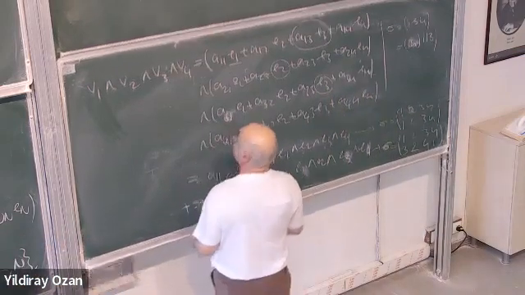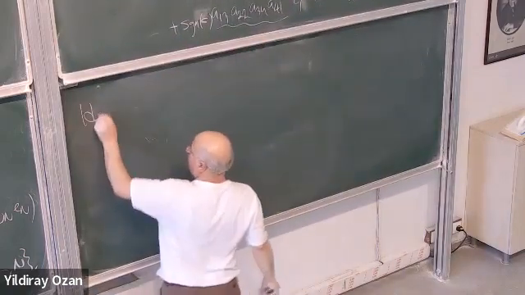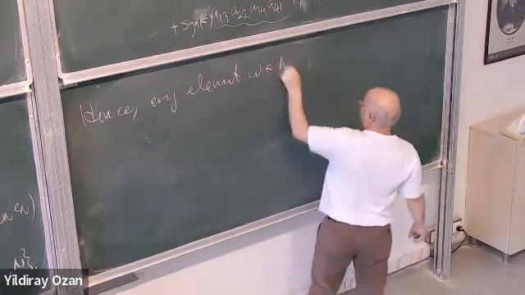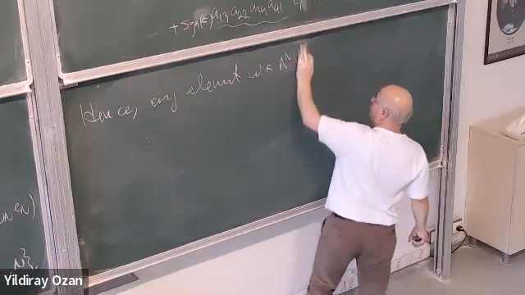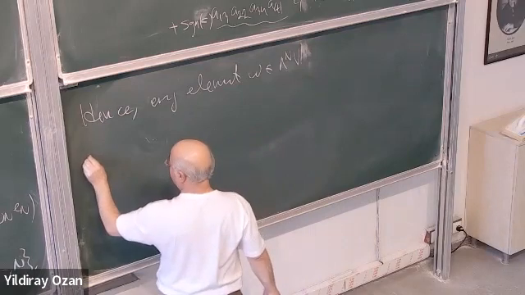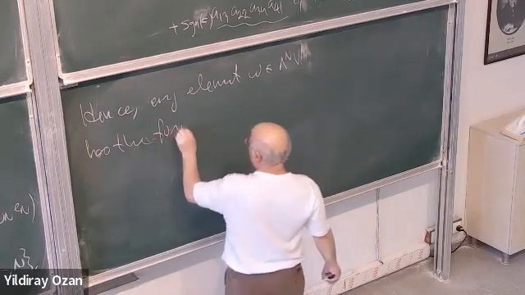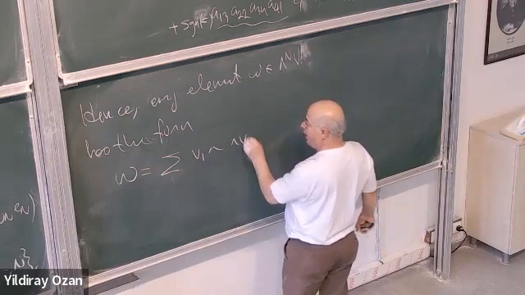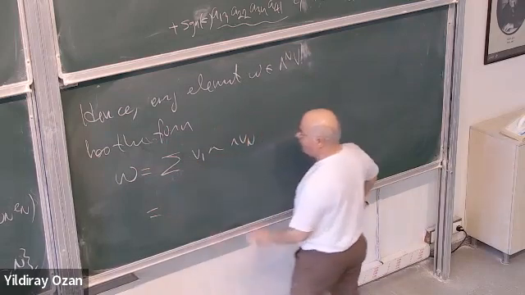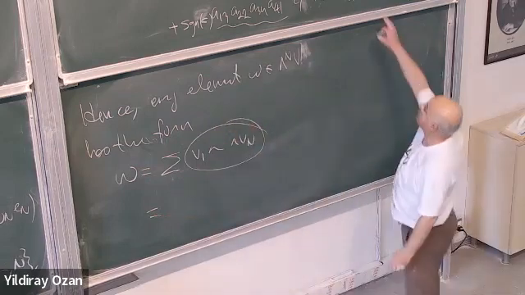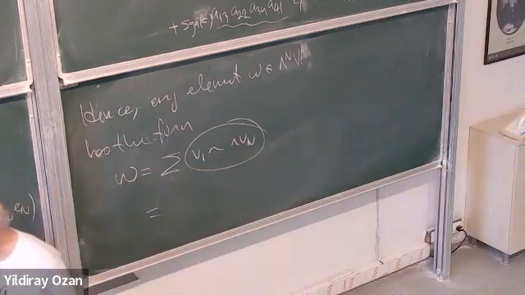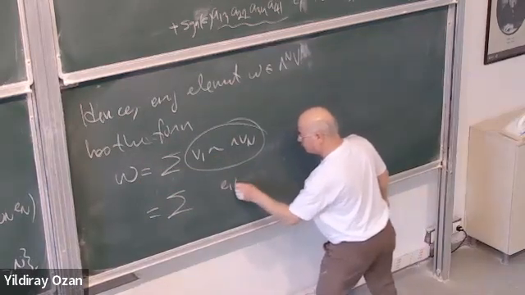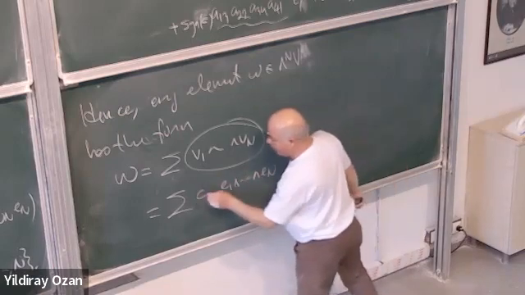So what did we see in the end? What is the conclusion? Hence, any element omega here has the form D1 up to the end, and you have some of these elements, but each one of these is nothing but elements like this, so they are just E1, and there is some constant here.